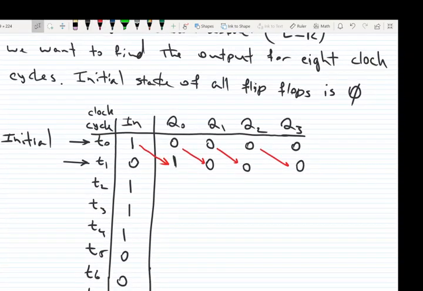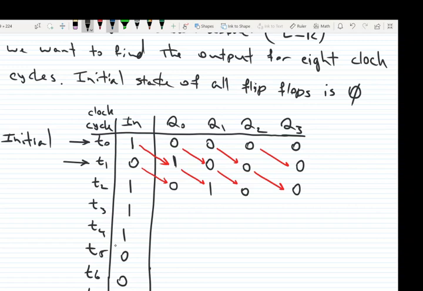In the next clock cycle, the input moves to Q0, Q0 moves to Q1, Q1 moves to Q2, Q2 moves to Q3.